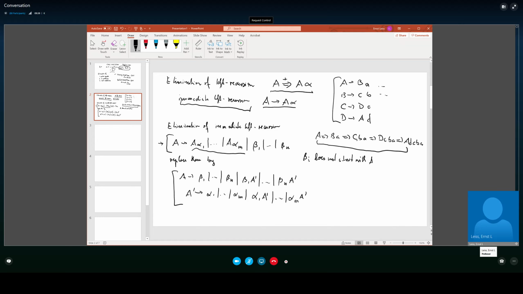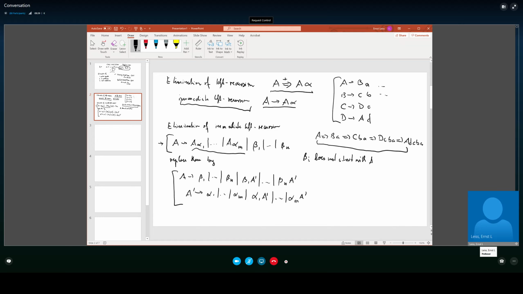We get a bunch of alphas, as many times as we want to derive from A to another A at the beginning. So we can get any of the alphas. And then eventually we will have to use a beta.